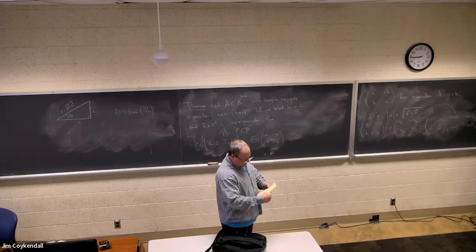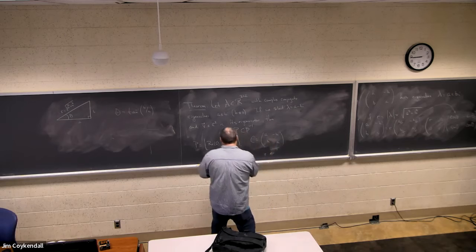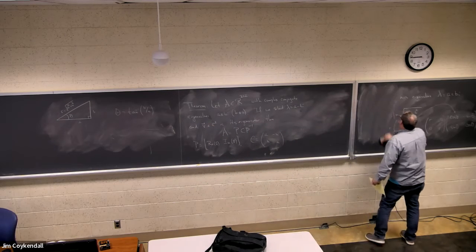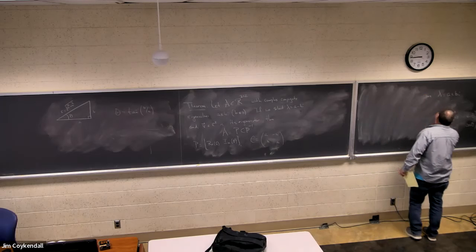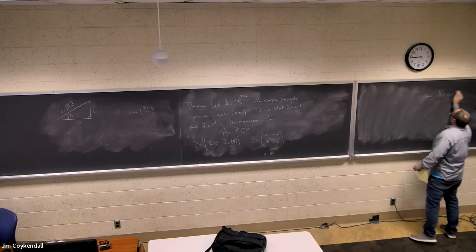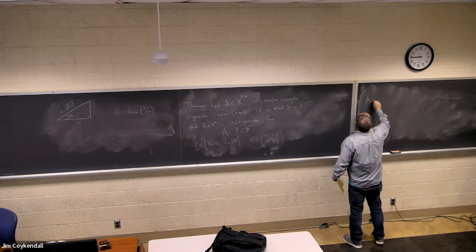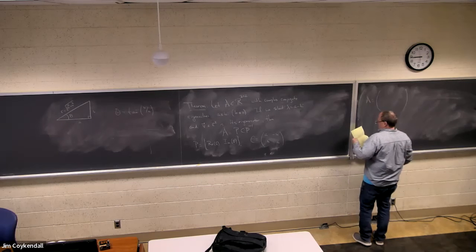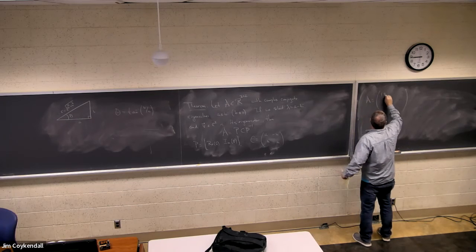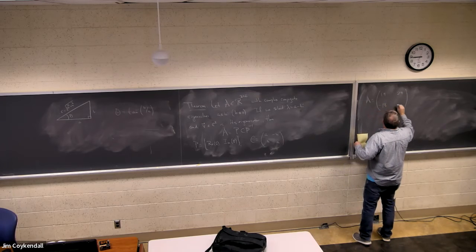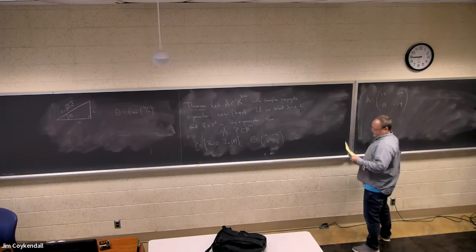Okay, so let's see this in action, and then I'll give you an example. Let's apply this theorem to this matrix here: 19, 29, minus 13, minus 19.